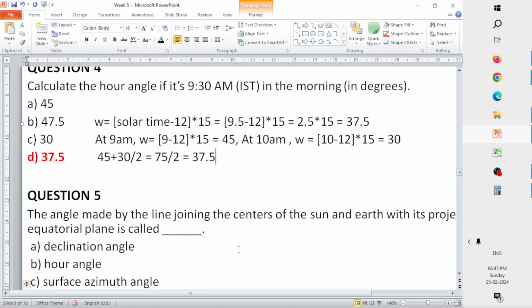Now moving on to the fifth question. I hope there is no doubt in calculating the hour angle, because probably after today's lecture we may not be taking up this calculation of the hour angle, since we will be mainly focusing on other energy storage systems, that is biomass and wind. So if you have any doubts in how to calculate the hour angle, please let me know now.